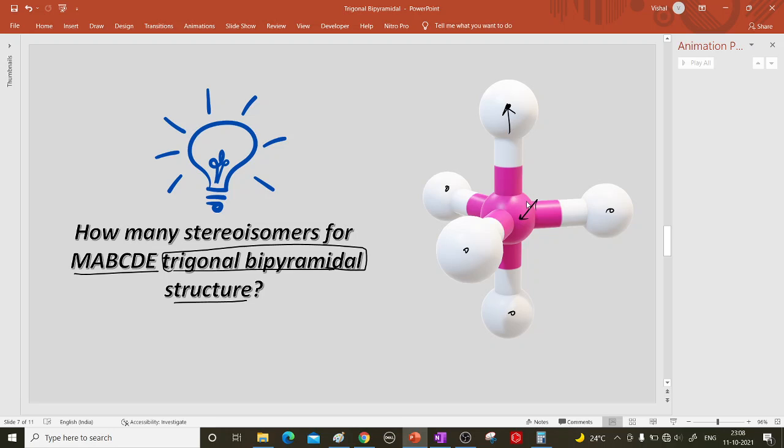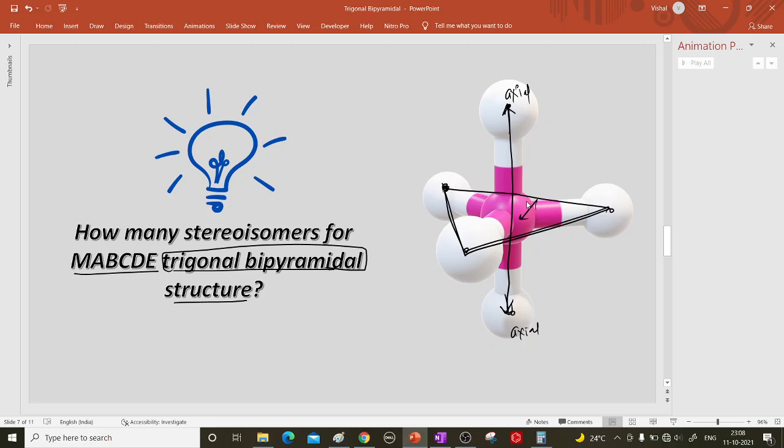So these 2 positions, this and this one, are called axial positions because they are exactly opposite to each other, like the North Pole on Earth is exactly opposite to the South Pole. And these other positions constitute a triangle. None of the 2 are exactly opposite to each other.